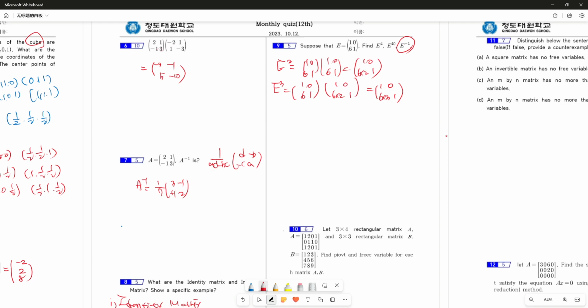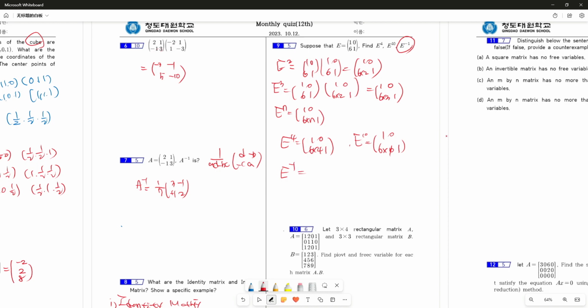So you can find some relation between the degree and the result of the product of the matrices. E to the n equals 1 0 6 times n and 1. Using that result, E to the fourth equals 1 0 and 6 times 4 and 1, and E to the 10 equals 1 0 and 6 times 10 and 1, and it's really easy.